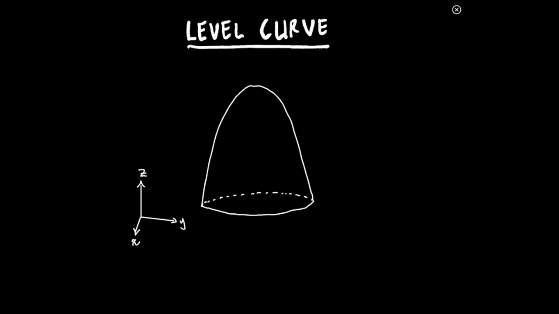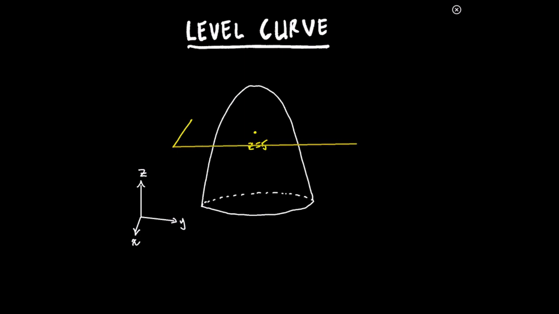So the level curve is the set of values of this function that we have here, where the z value is fixed, right? Say that this z value right here, I don't know, is z equals 5, you know. And z equals 5 is actually some plane, right?